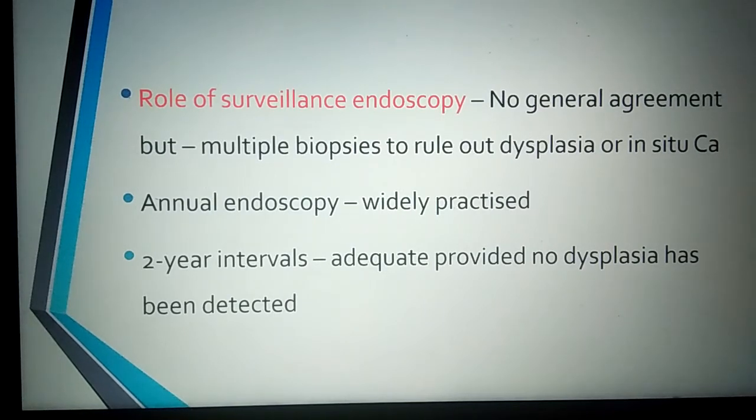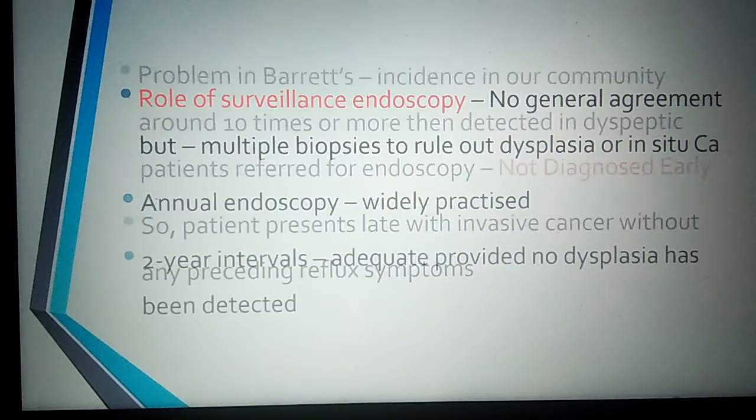Although annually these types of patients usually undergo upper GI endoscopy, if you're doing it at every 2-year interval, it's okay.